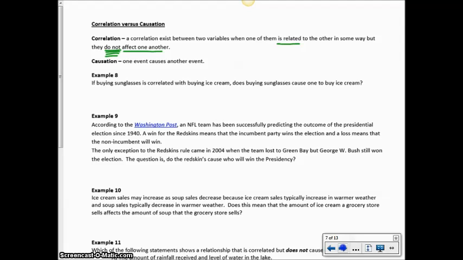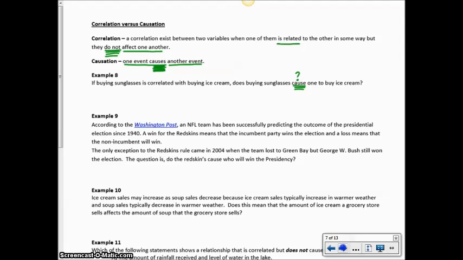Okay, causation is when one event causes another event. It definitely causes the other event. Okay, so let's go through some examples and see what we have. So it says, example 8, it says if buying sunglasses is correlated with buying ice cream, does buying sunglasses cause one to buy ice cream?